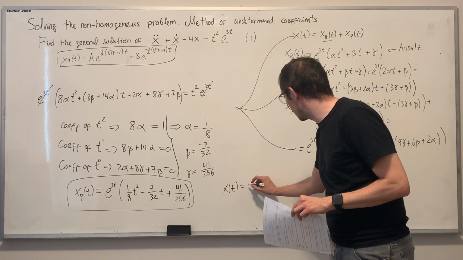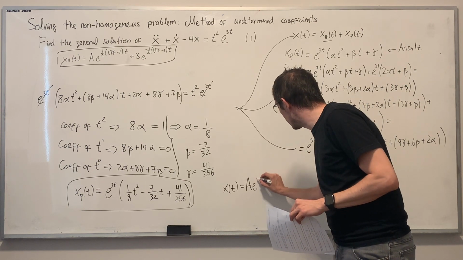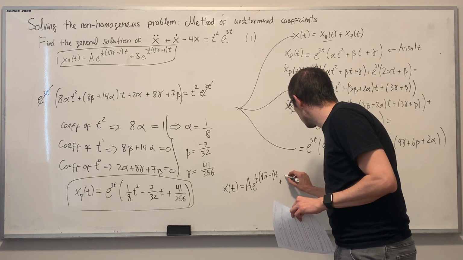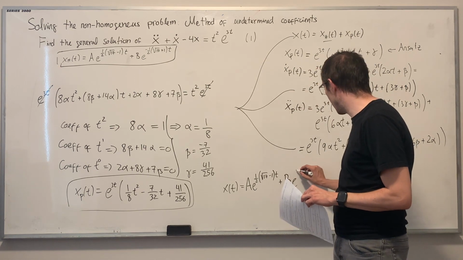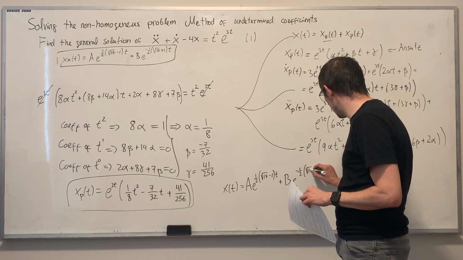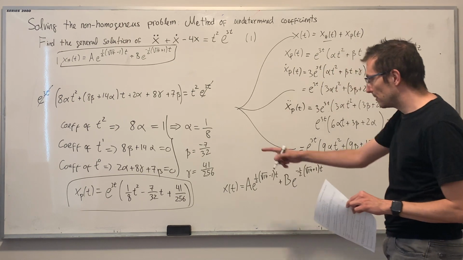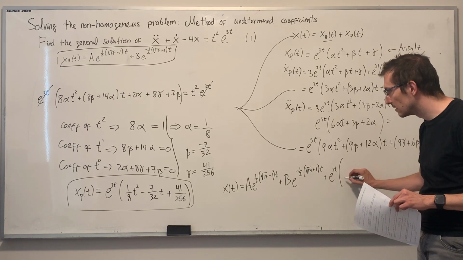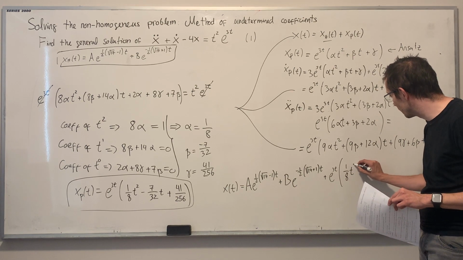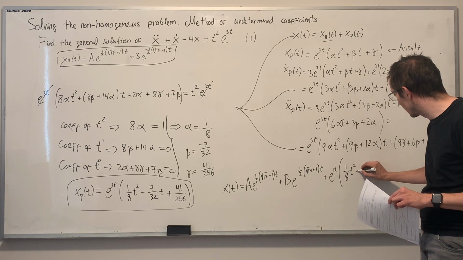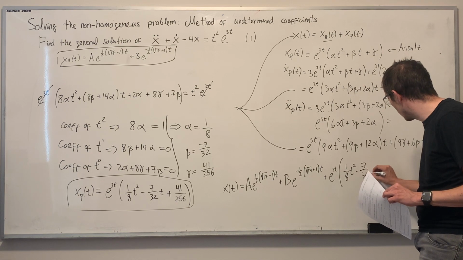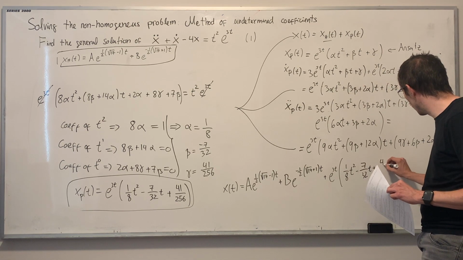So it's a times the exponential of (1/2 root of 17 minus 1) t, plus b times the exponential of minus (1/2 root of 17 plus 1) t, plus the particular solution, e to the 3t that multiplies 1/8 t squared minus 7 divided by 32 t plus 41 divided by 256.